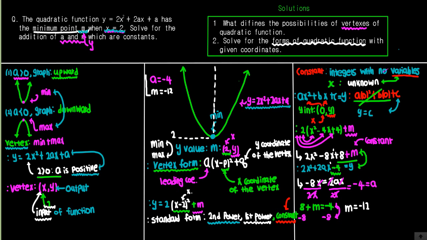We found every single term we wanted except for the ultimate goal of our question, which was the addition of a plus m. So we can input a as negative 4 and m as negative 12, which sums up to negative 16. So our answer for this question is going to be negative 16.